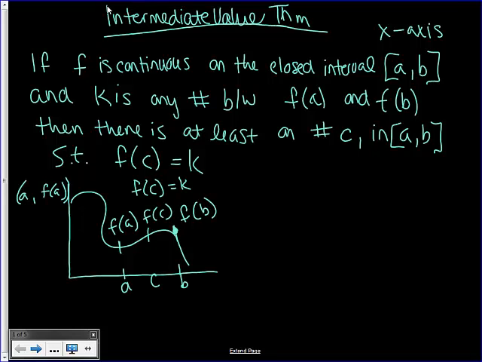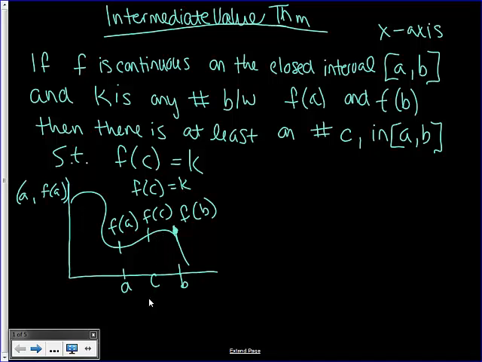So what this theorem literally says is that if f is continuous, meaning if my function is continuous, well, is it? Yes. On the closed interval from A to B, between two points A and B, they can really be any numbers. And K is any number between f of A and f of B, K being my y value.